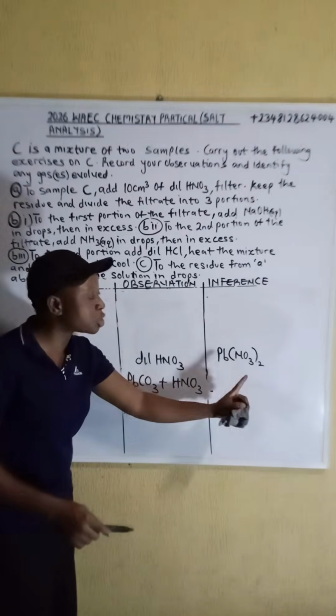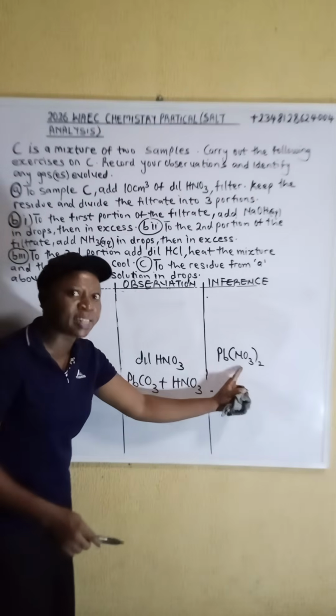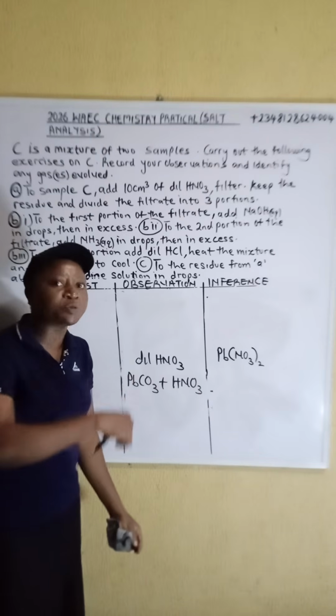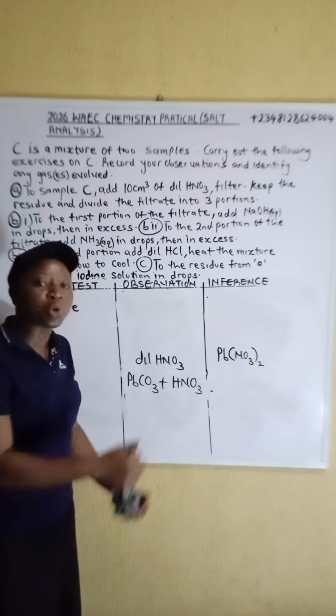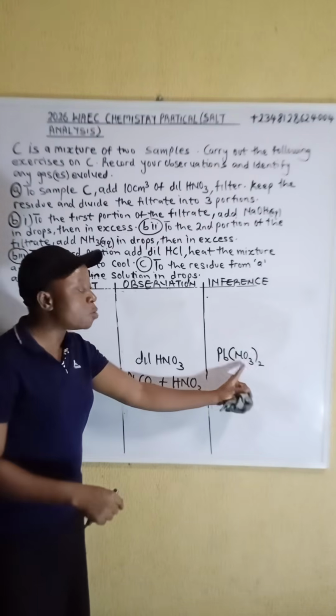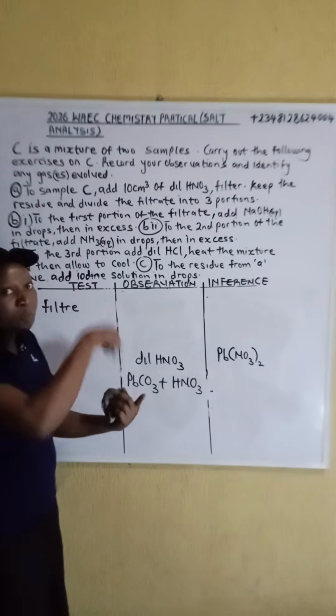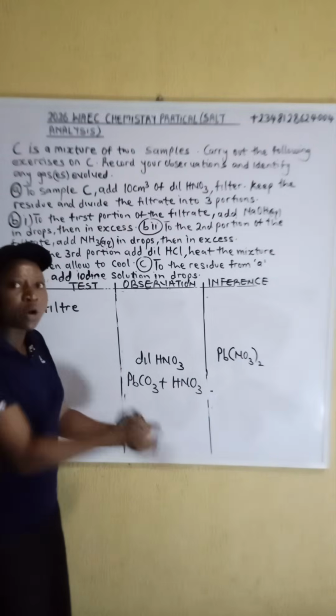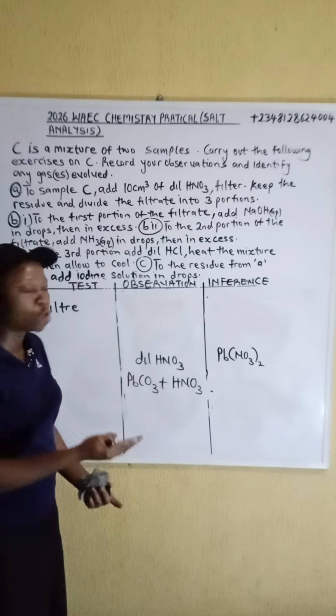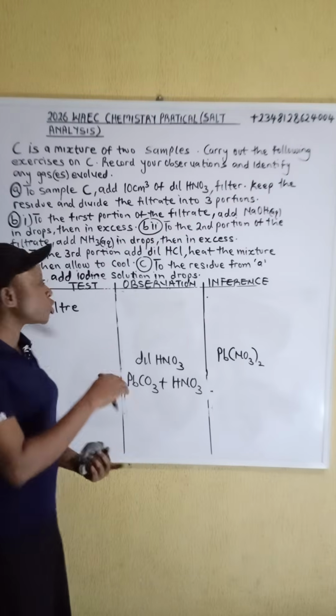It shows that the solution is lead nitrate. So our filtrate now will be lead nitrate. Then the starch will remain insoluble, so what we are going to filter out as our residue will be starch.